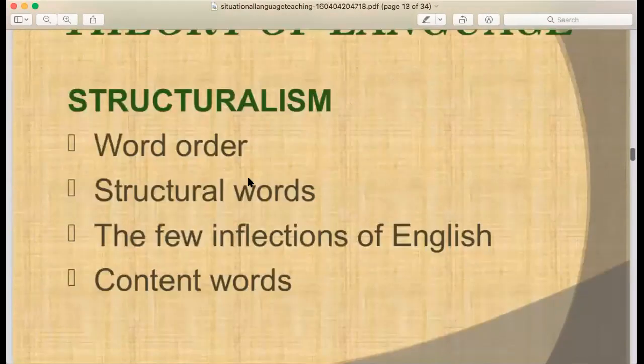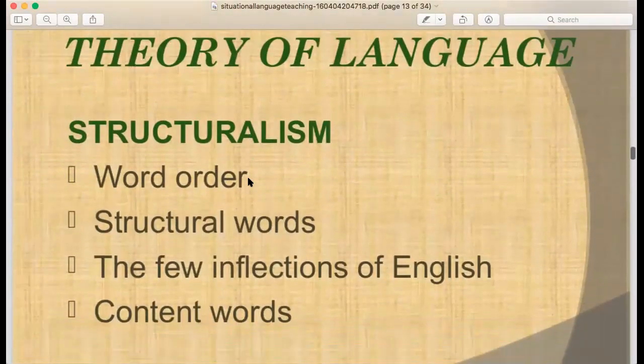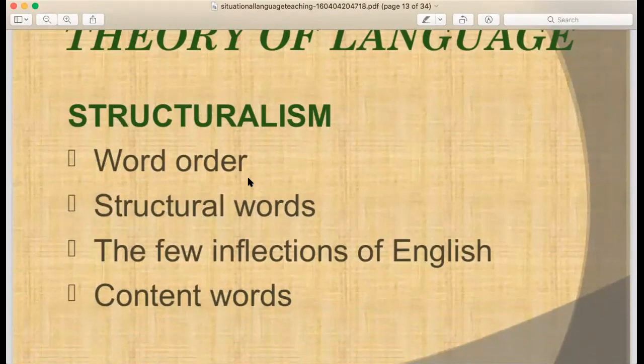And of course, both the methods shared the same theory of language, that is structuralism, the structural view of language, or the structures of the language. Word order, the order of the building blocks as we call them in the audiolingual method. Structural words, the words that form the structure of the sentence.